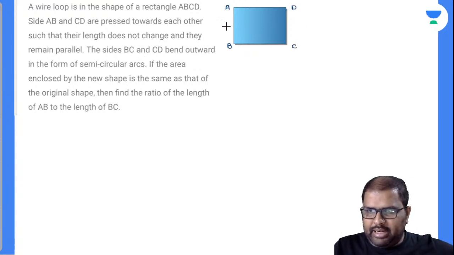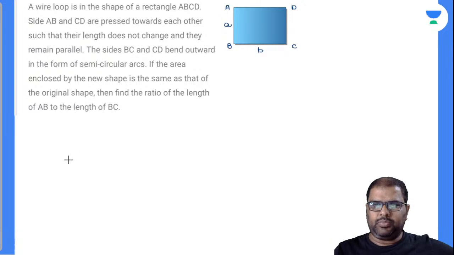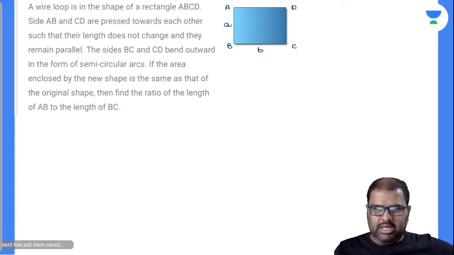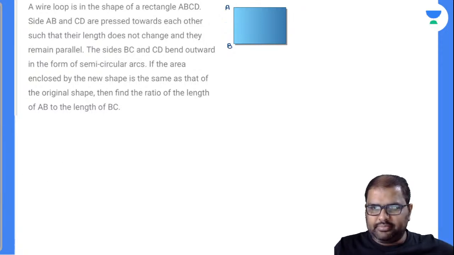I'll take the breadth as A and the length as B. Now, a wire loop is in the shape of a rectangle ABCD. Sides AB and CD are pressed towards each other such that their length does not change.